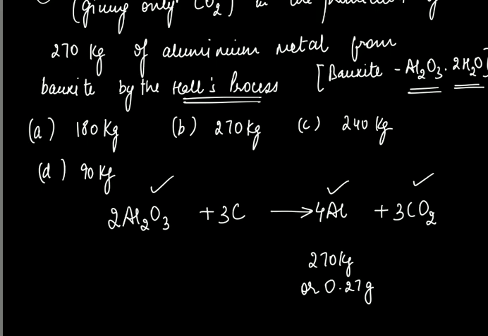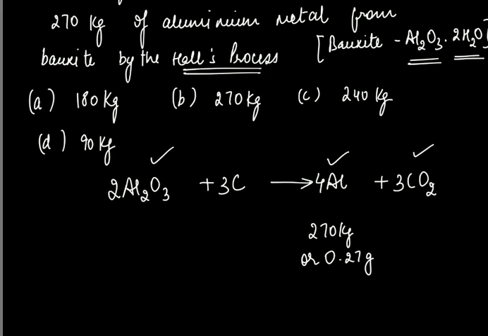So for aluminium mass, in these equations what we need to consider is the actual gram atomic mass. Aluminium gram atomic mass is 27, so 4 into 27, that will be 108 gram. Now, why am I taking this 4? 4 is nothing but the number of moles, or you can say moles or molecules, anything you want to say, according to the equation.